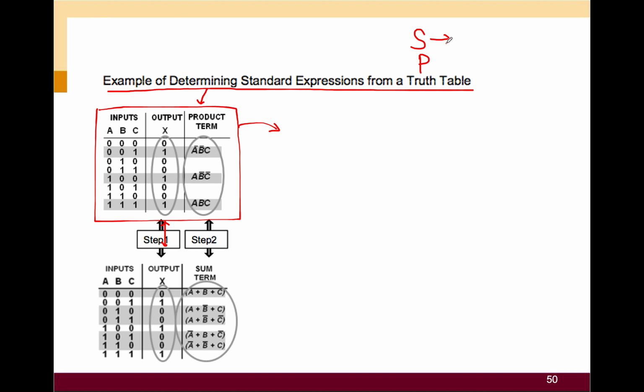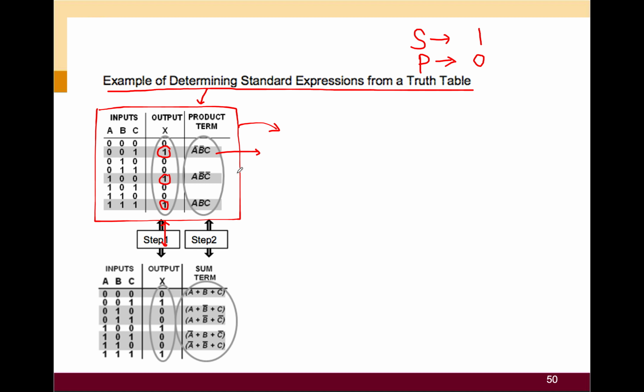For SOP, you look into the output of 1, and for POS you look into the output of 0. So over here in this truth table, you look first for SOP. This is the output 1, this is the output 1, and then this is the output 1. So you're going to get 3 expressions for SOP.